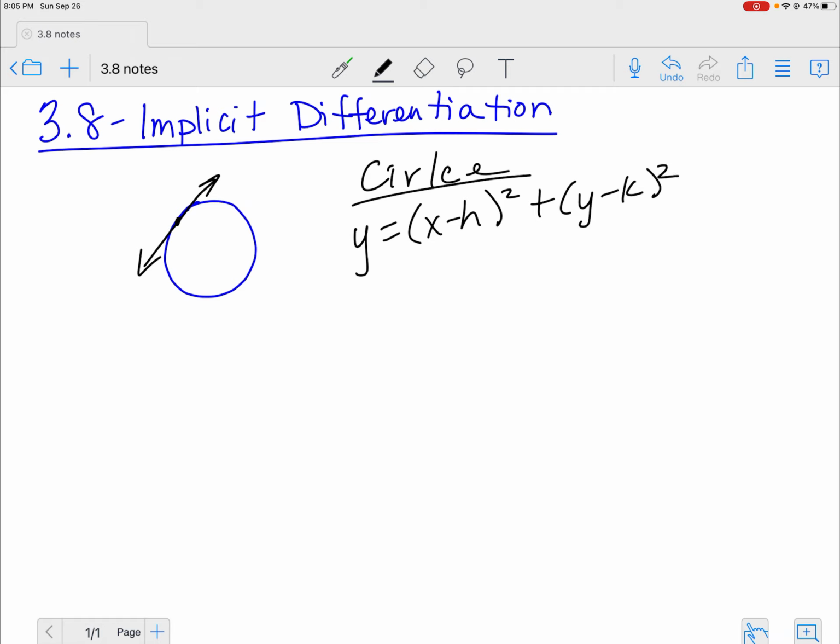And this is, no, why did I put that y there? See, I told you, you get in the mode sometimes. This should be r squared equals. That would have been a function. We're not talking about a function. We just said that. So if I'm looking at a circle, r squared is equal to x minus h squared plus y minus k squared. This is center radius form.